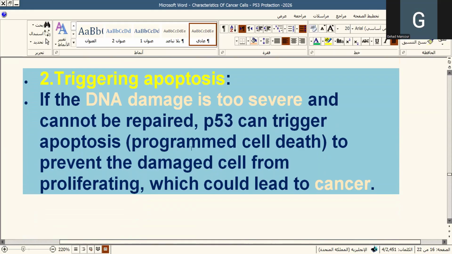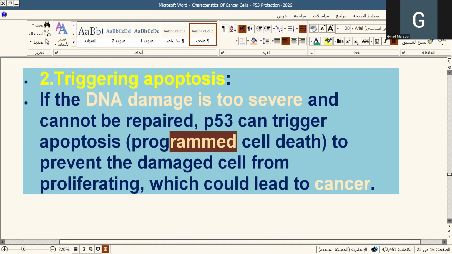Apoptosis is programmed cell death. Apoptosis is a very regulated series of processes that result finally in a very clean and neat death of the cell, where the components of cell damage or cell death will be recycled and will not result in any inflammation.